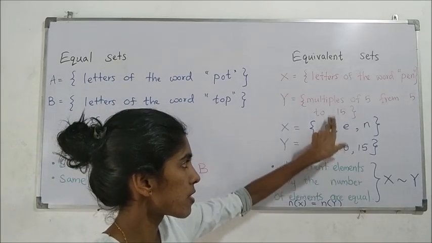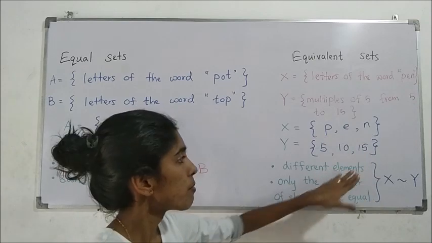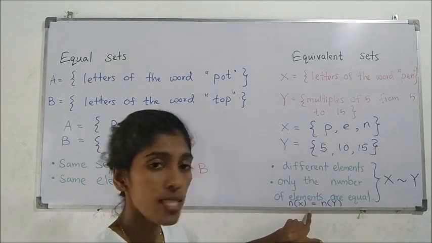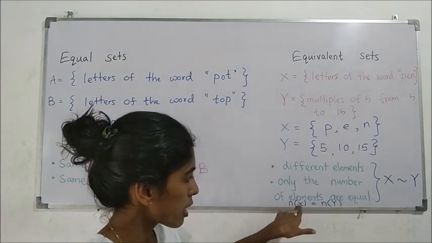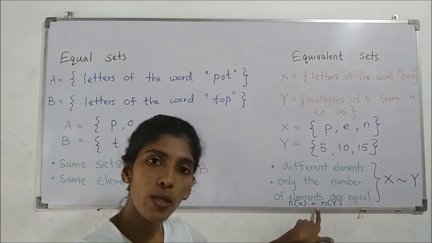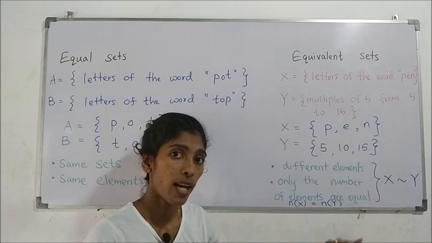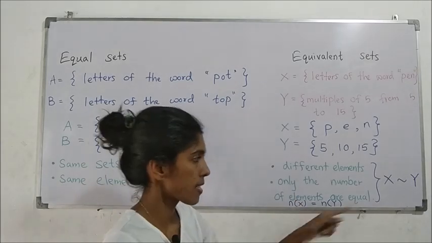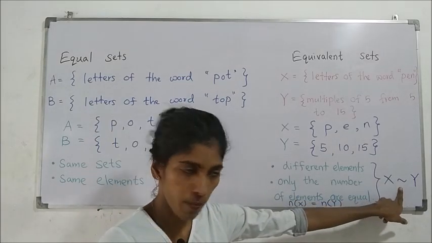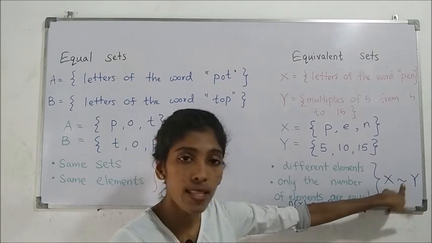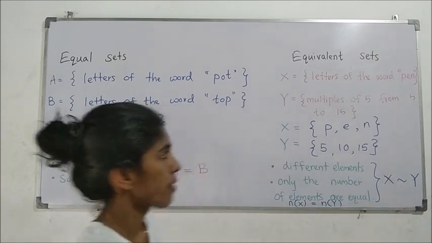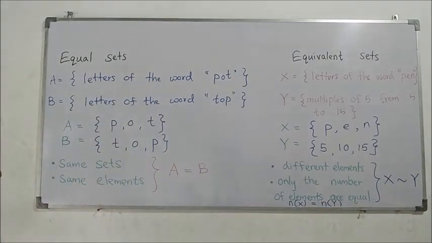See, I have written here, the elements are different, but the number of elements are same. See, the number of elements in set X equals the number of elements in set Y. So they are equivalent sets. This is how we represent them. This is the symbol. Okay, right. I hope that you understood this one.